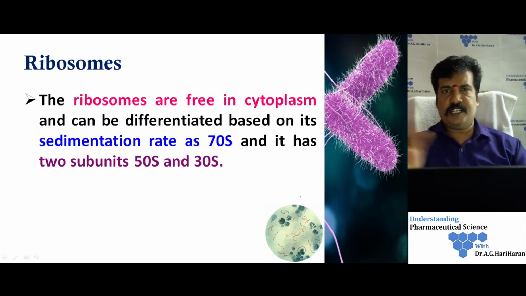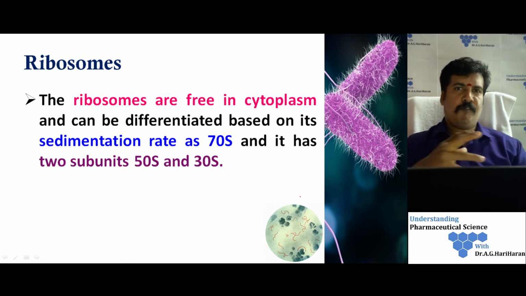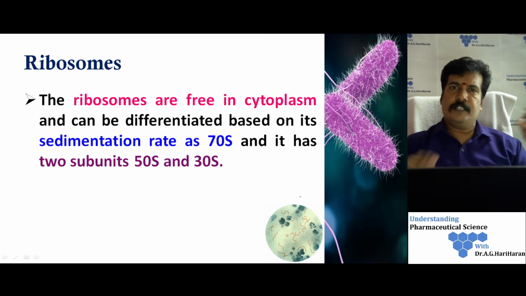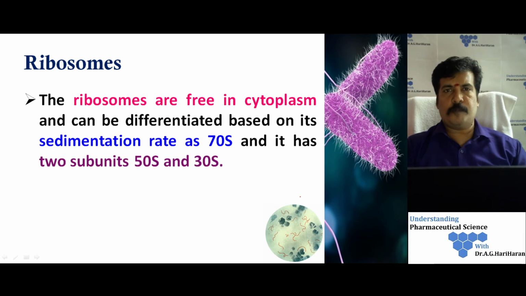We can differentiate the ribosomes of prokaryotic bacteria and eukaryotic cells based on their sedimentation rate, which we call the Svedberg unit. Generally, bacterial ribosomes have two subunits, one large subunit and one small subunit. Together, both subunits have a sedimentation rate of 70S.